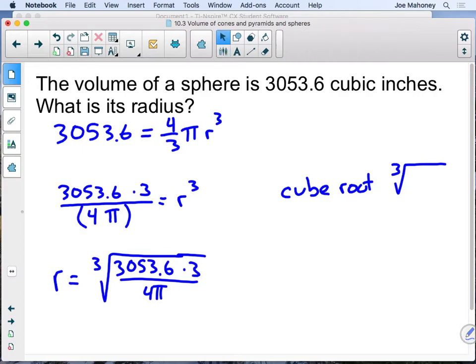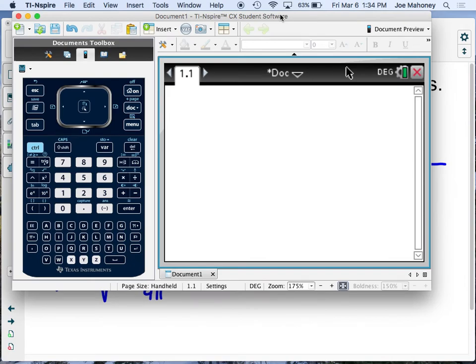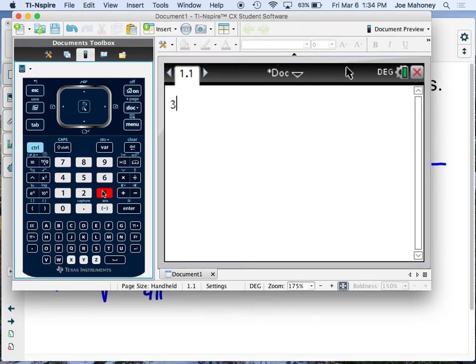So what I'm going to do now is grab my TI-Nspire calculator and figure out what that value is. Let's show you how to do it. The way to find a cube root is going to be right over here, which should make sense to you. Did you notice that squaring and square rooting were inverses of each other? So to get the cube root, I'm first going to type 3, and then go Control and caret. Okay, so I didn't have to press the 3 first.